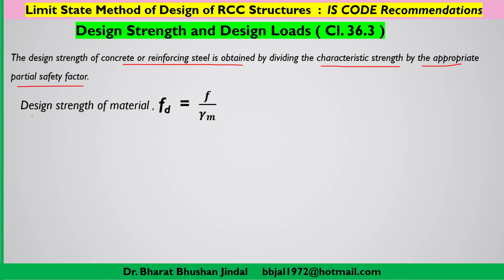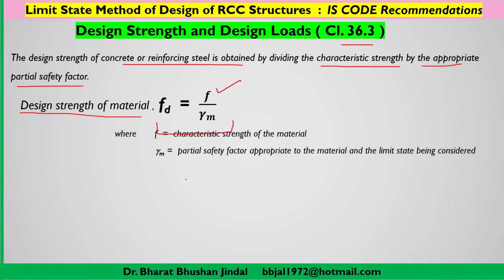We use this formula, which is available in IS 456 in clause number 36.3 onward. Here F is the characteristic strength of the material, and gamma M, as we have discussed, is the partial safety factor, which is appropriate based on the material and the limit state being considered.